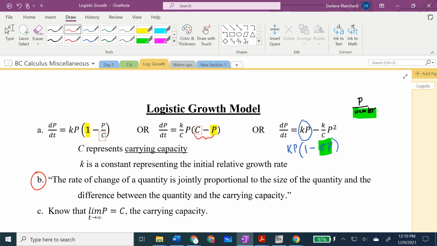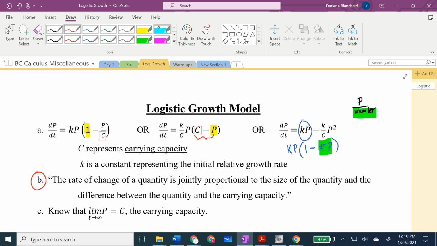You've got to read that a few times. That phrase could show up on the AP exam, and if you're familiar with it, logistic models are always very easy problems. If you know what you're looking at, they can go super quick.